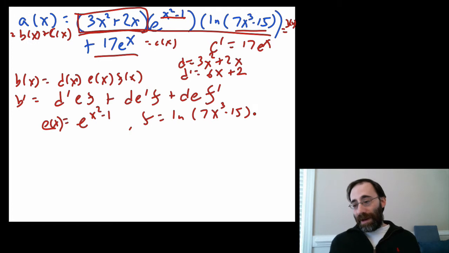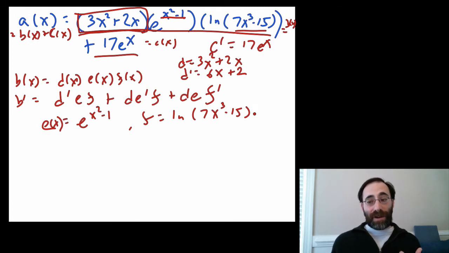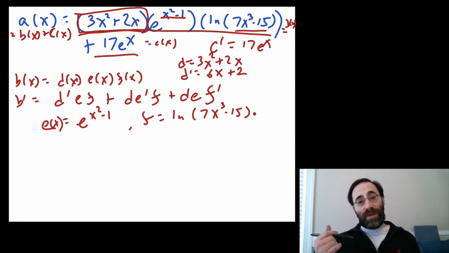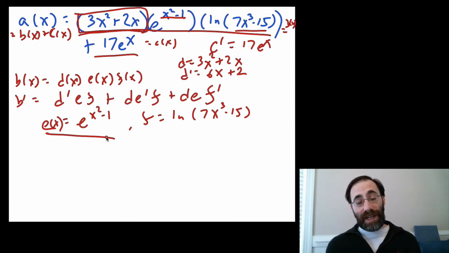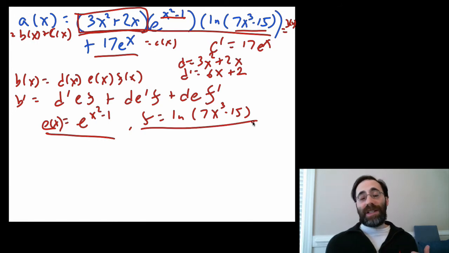But now these are not products, and they're not sums. However, in each case, it's one function composed with another function. In the case of e, it's e to the x composed with x squared minus 1. And in the case of f, it's the log composed with 7x cubed minus 15.